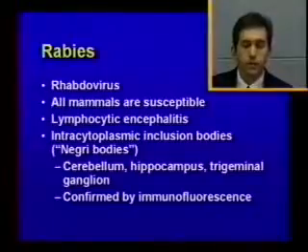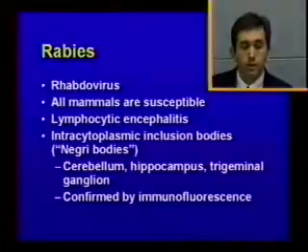The Negri body is an inclusion body, or a viral accumulation, within the cytoplasm of neurons.